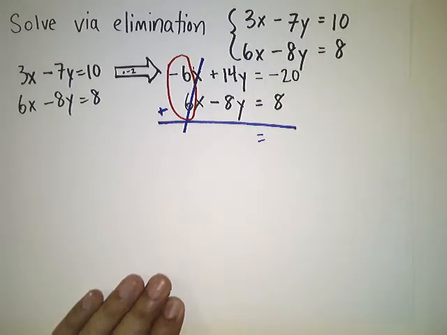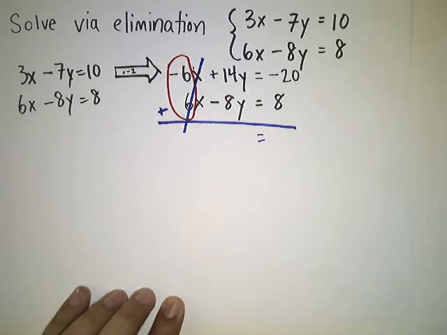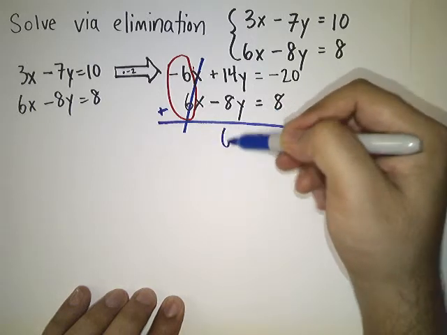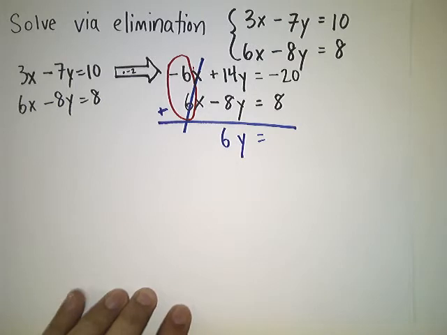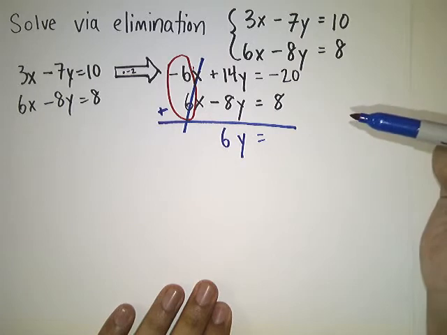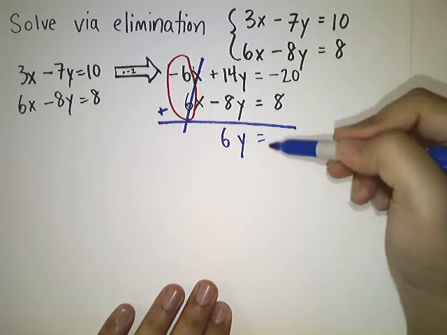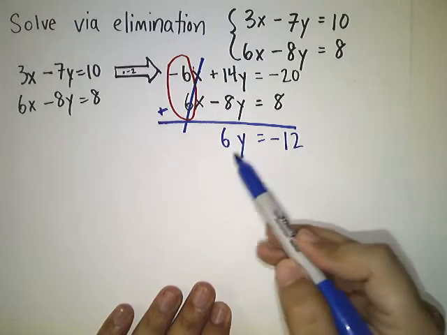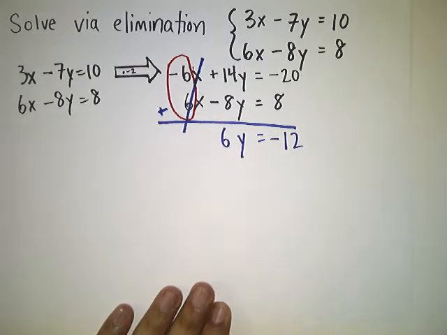Positive 14y minus 8y, 14 minus 8, that'll be 6y. And negative 20 plus 8 will be negative 12. Now we have 6y equals negative 12.